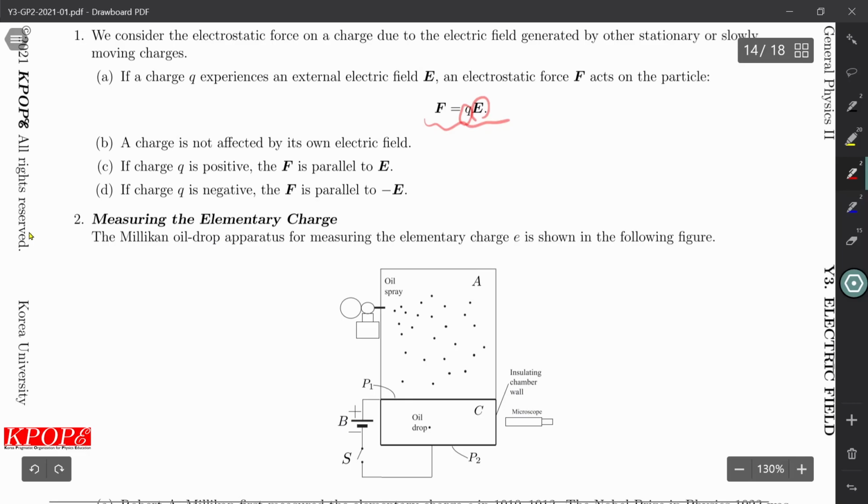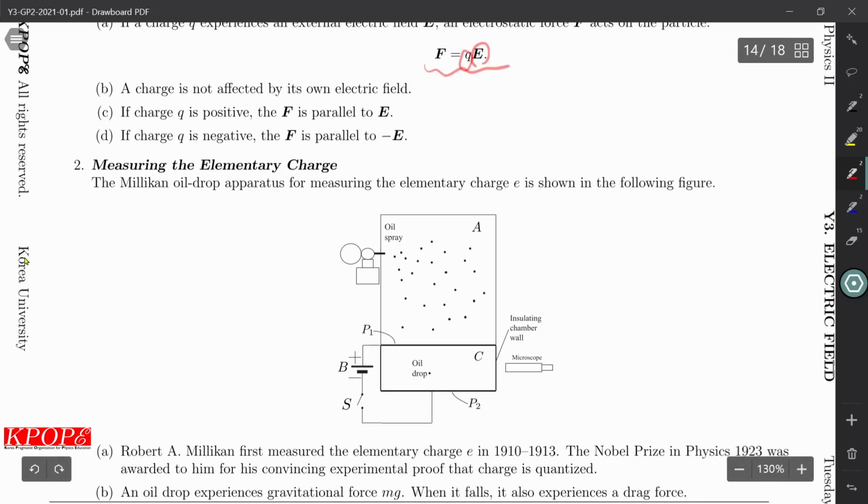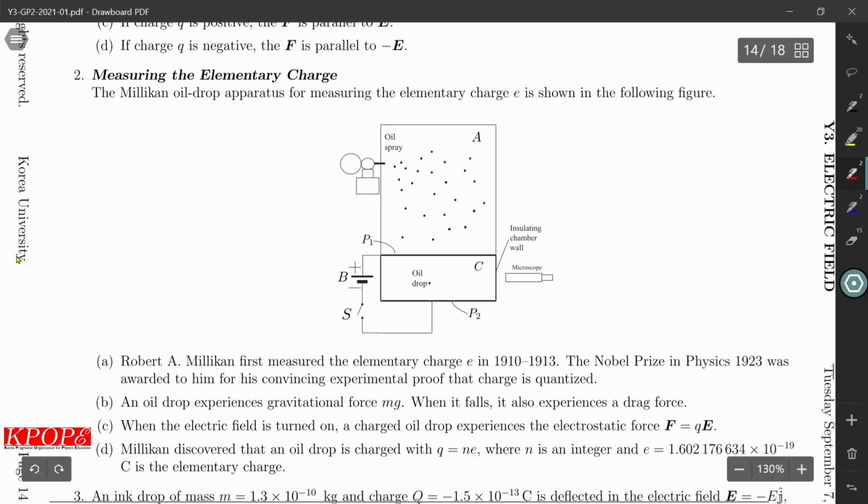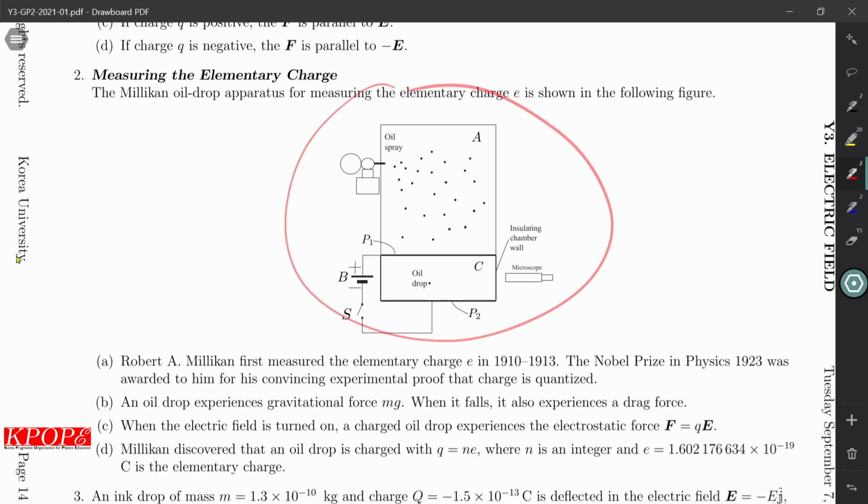Under the same electric field, depending on the sign of the charge, the direction of the force flips. This is an example of finding the unit of the elementary electric charge, carried out by Millikan, the so-called Millikan oil-drop experiment.